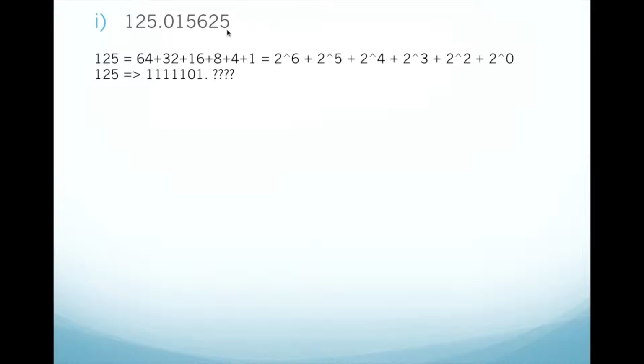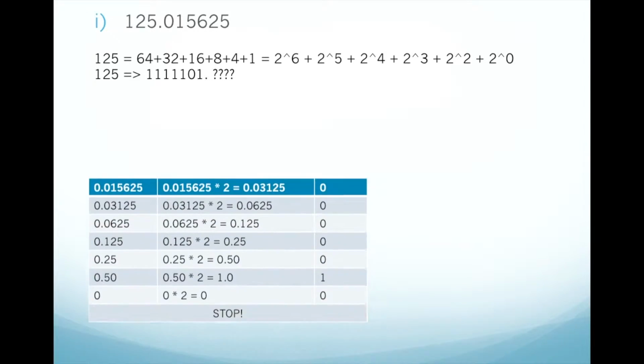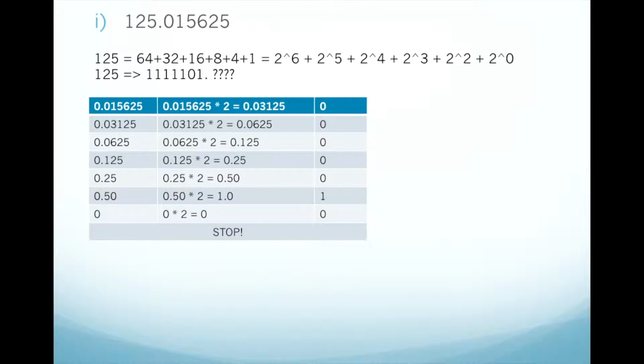To do this, we're going to have to work with a table. This is how this table works. You get your decimal, which is 0.015625, and you multiply it by 2. Everything in this column, you take what you got in the first column and multiply it by 2. When you multiply that by 2, we get 0.03125.